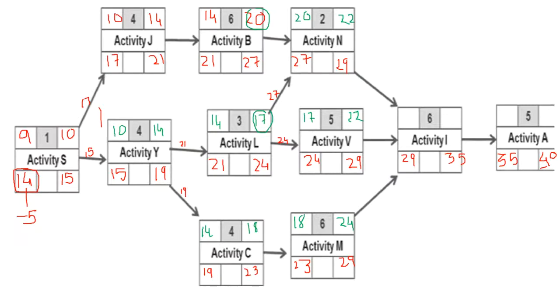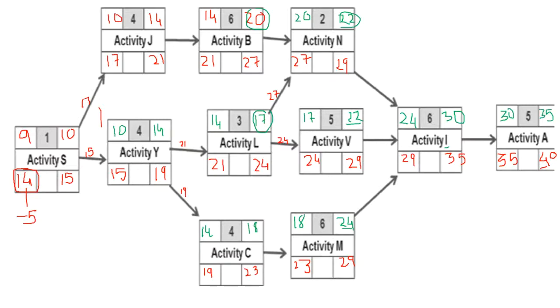And this would mean that the activity I here is a merge activity as well, where you could use either 22 or 22 from here, or 24, and in the forward pass we choose the largest of the values to allow enough time for all the activities to be completed, and this would mean that the early start for the last activity would be day 30.